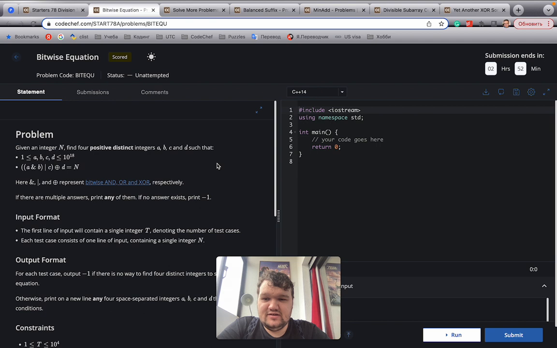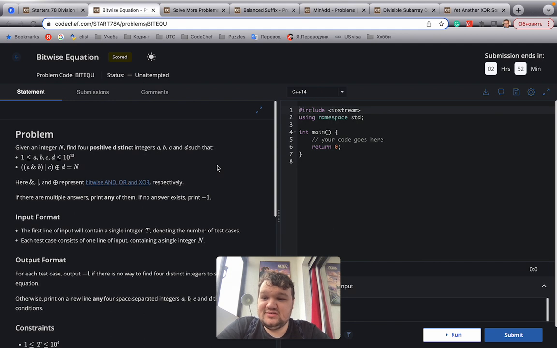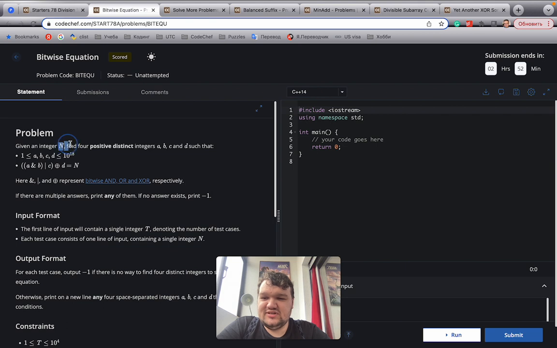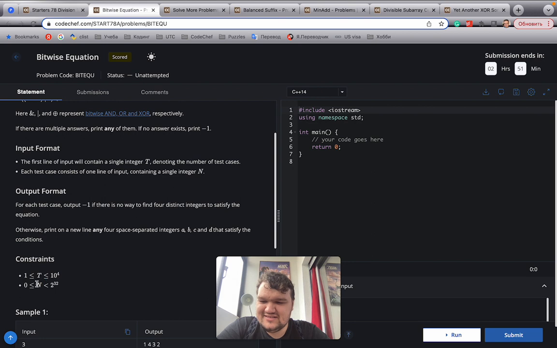We can now finally look at the first problem. Some bitwise nonsense. Given n, just find 4 positive distinct integers such that some condition is true. I mean, n is even, like small.